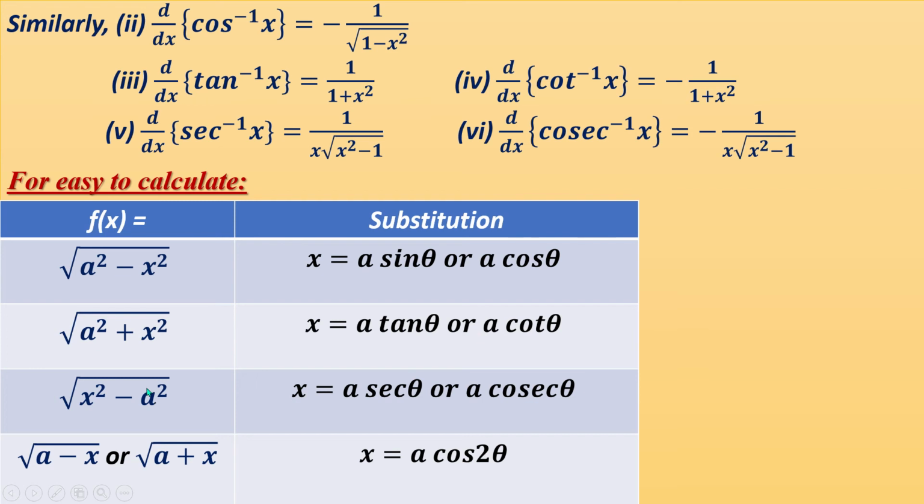Clear? Similarly, in this form we have to let x equal to a sec theta or a cosec theta, or in this form we have to take x equal to a cos 2 theta. Clear? You have to capture this.